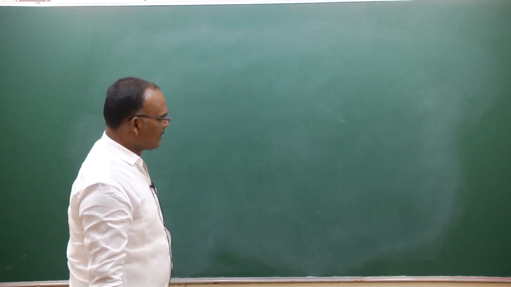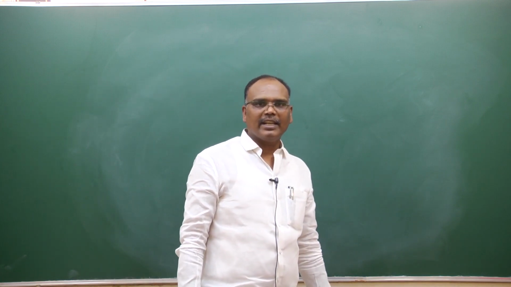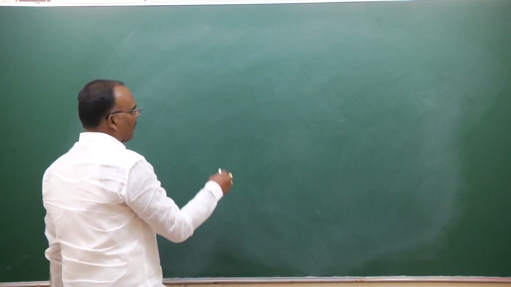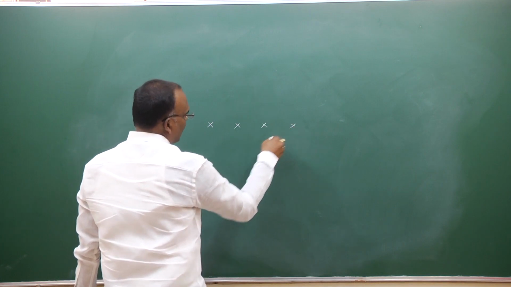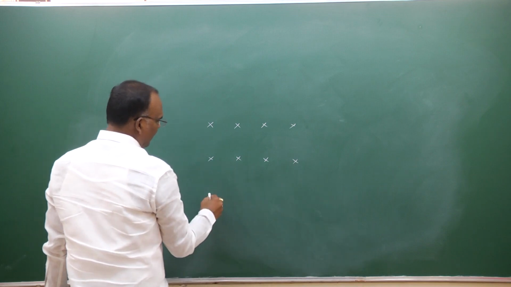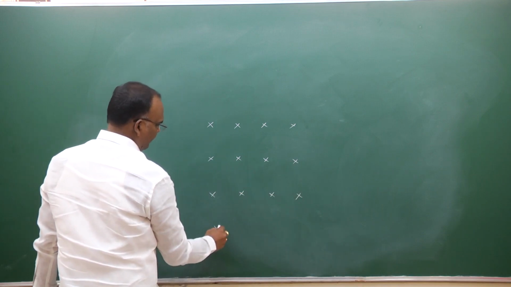See, yesterday we discussed the force acting on a charged particle when it is moving in a uniform magnetic field. Yesterday we discussed the motion of a charged particle inside the magnetic field when we project it at an angle of 90 degrees.